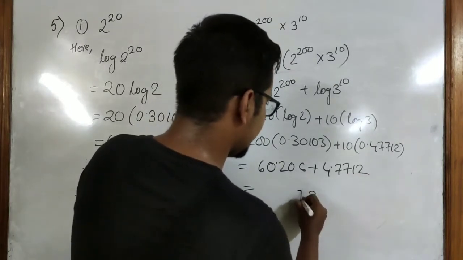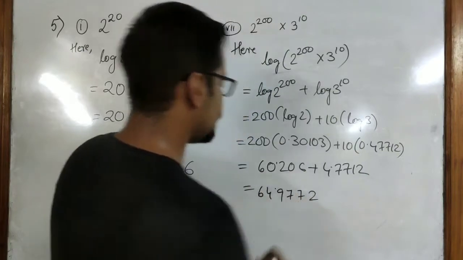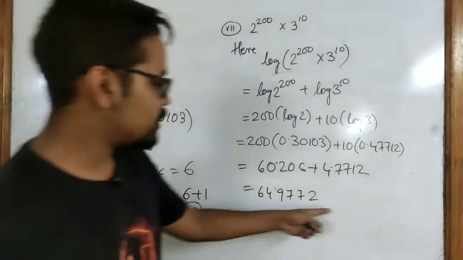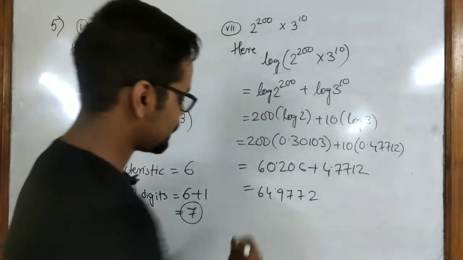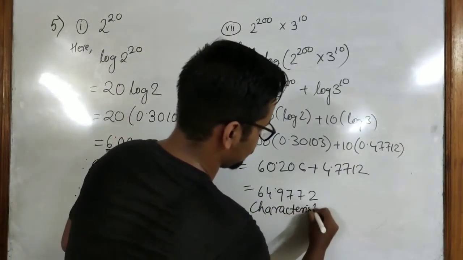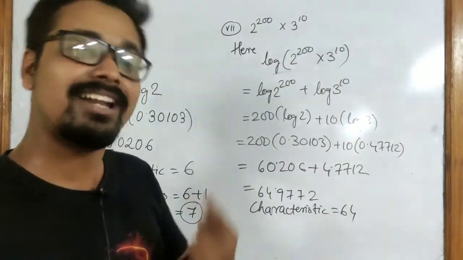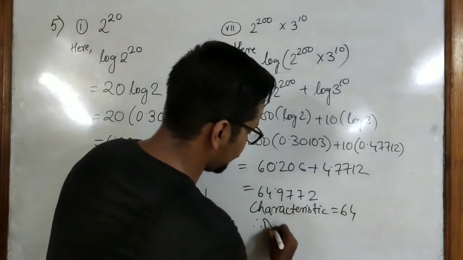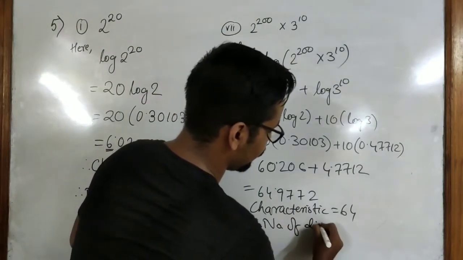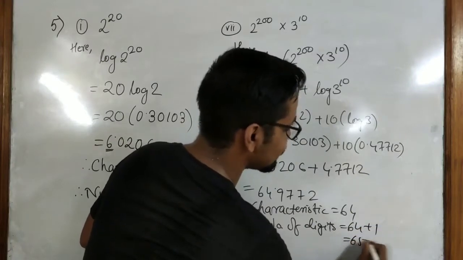So it is 64.977. So the characteristic is 64. So what do we have to do with the characteristic? We have to add 1 to it. Therefore, the number of digits is going to be 64 plus 1, which is 65.